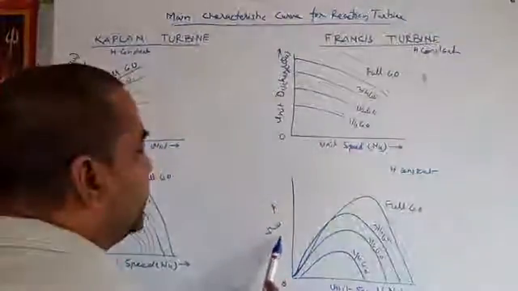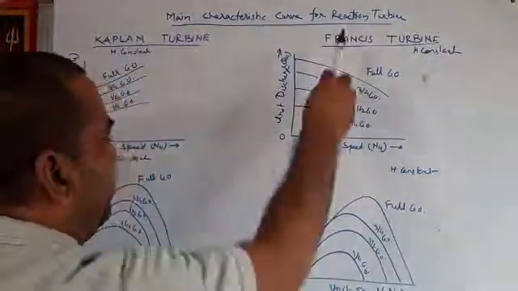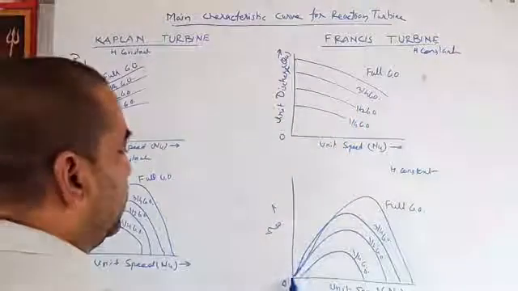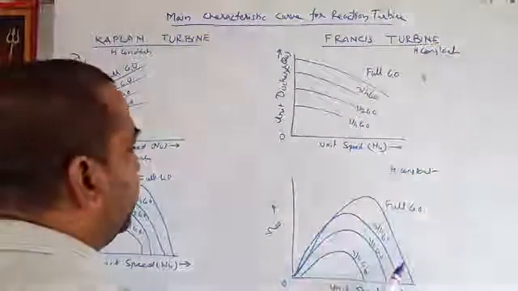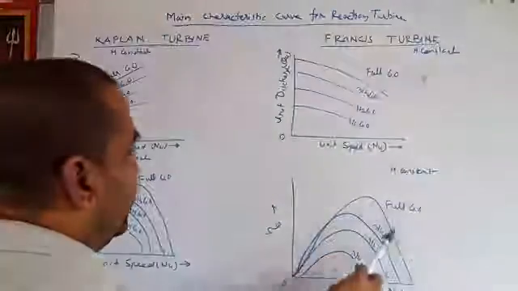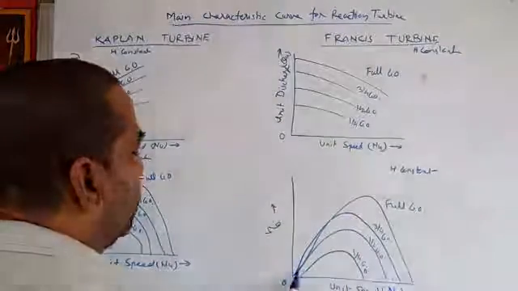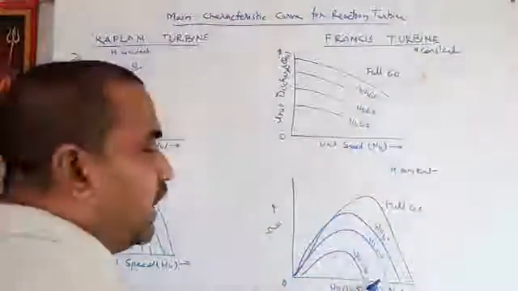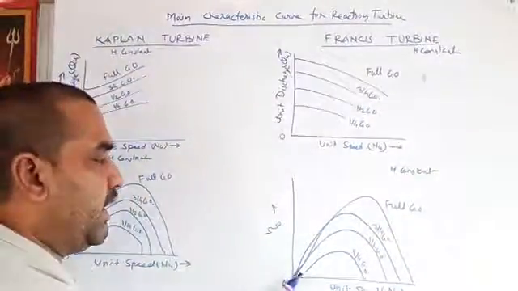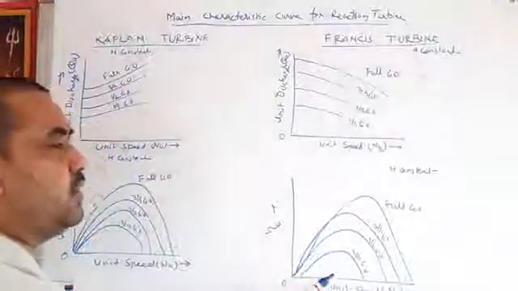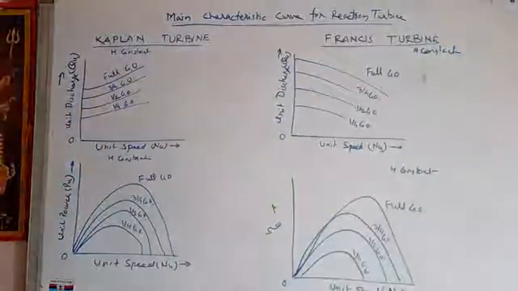And the overall efficiency of this Francis turbine is maximum for full gate opening, then it reduces for 3/4, again reduces for half gate opening, and is minimum for 1/4 gate opening.